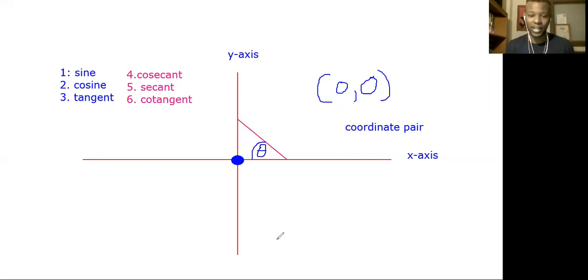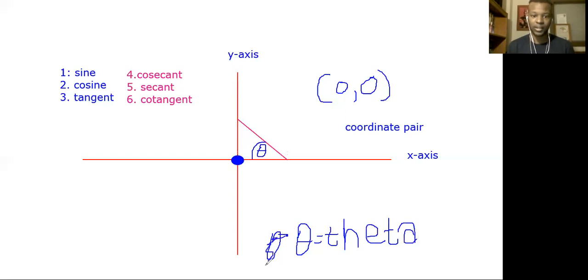It's so hard to draw with a mouse. T, H, E, T, A, theta. Oh, I forgot. You just erase it.